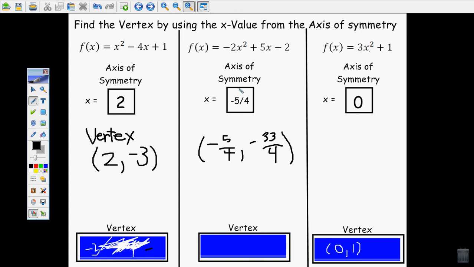You had to plug in negative 5/4 right here and square it. When you square negative 5 over 4, you square the negative 5 and get 25, and square the 4 and get 16.